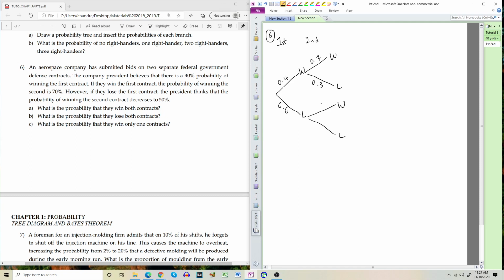However, if they lose the first contract, the president thinks that the probability of winning the second contract decreases to 50%. So here winning the second is 0.5. This one is 0.5.